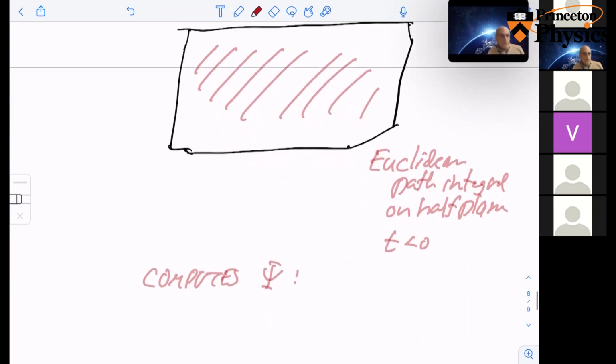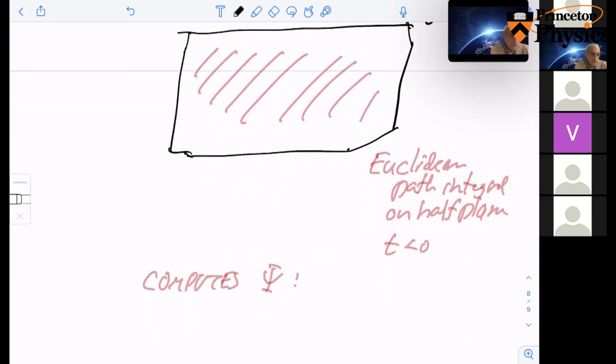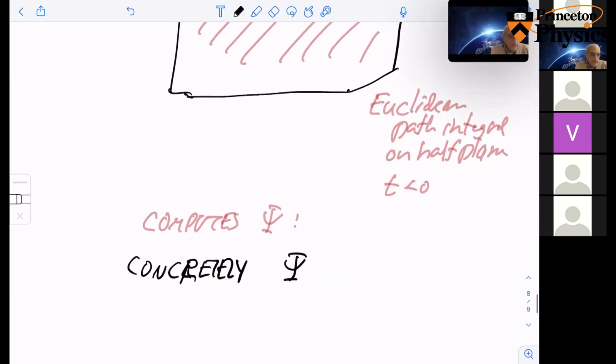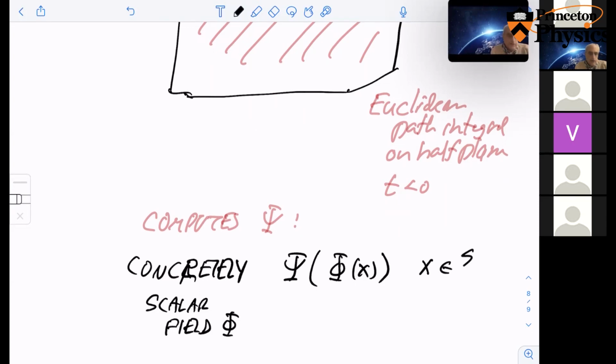What it means, for example, in a scalar field theory, what is meant by a wave function? In a scalar field theory, the wave function is a functional of phi(x), where x is in the time zero surface where we're trying to define the state.